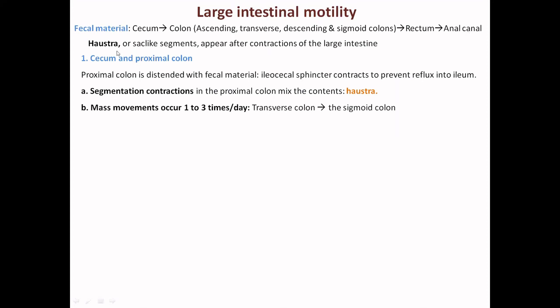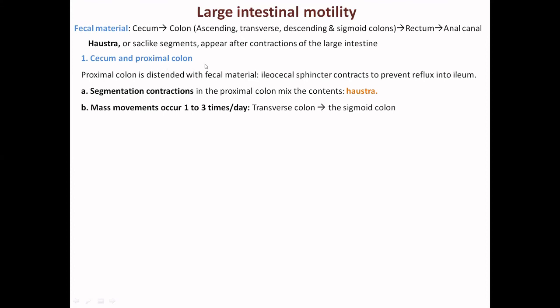Haustra, like the segmentation in the small intestine: when the undigested food is present in a smaller portion of the large intestine, it shows swollen, sac-like segments that are known as the haustra. That happens after the contraction of the large intestine.